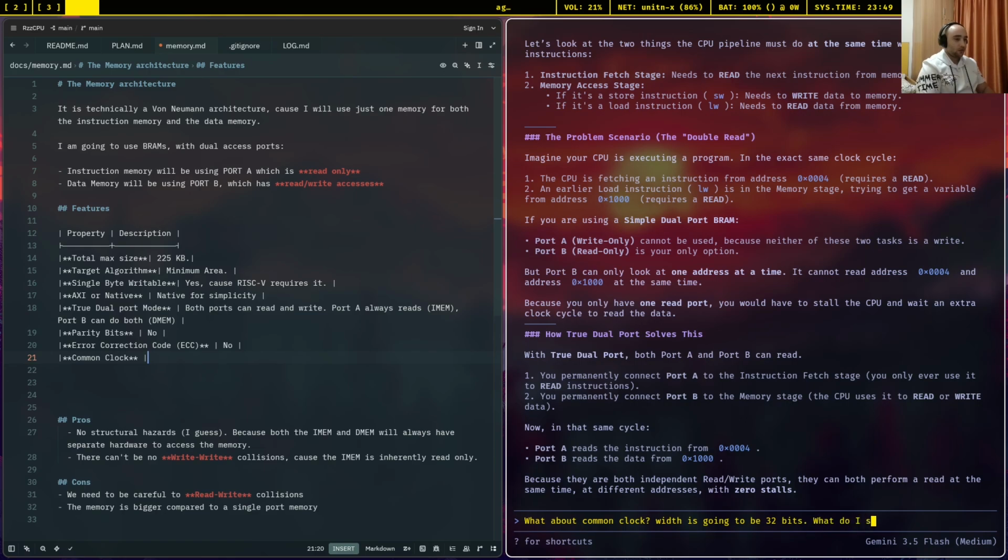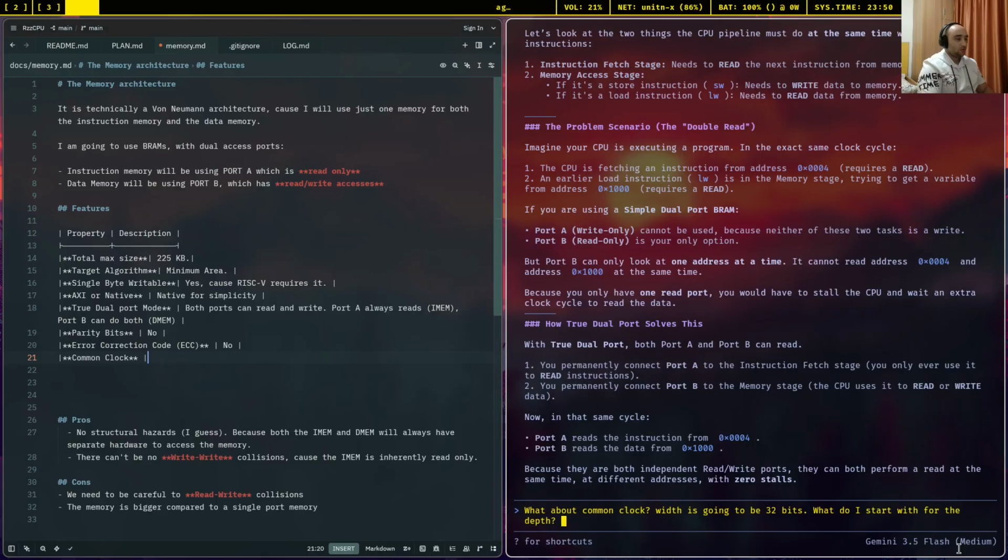What do I start with for the depth? Do I use the entire space available?